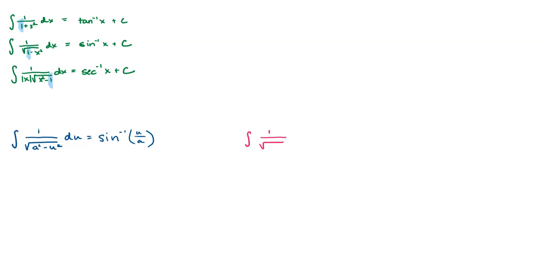So with this result, we can evaluate an integral like 1 over the square root of 9 minus u squared du, where the pattern is the same as what we just found, with a squared being equal to 9, which means that a is 3. So this antiderivative is just equal to the arcsine of u over 3.